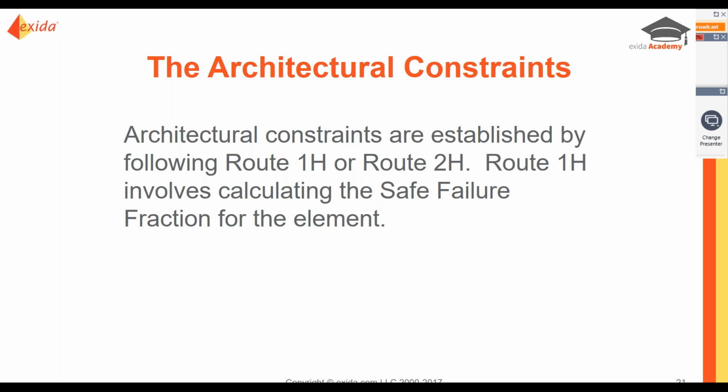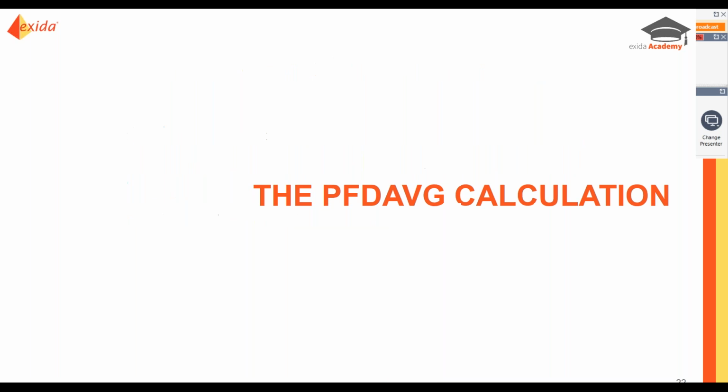Route 2H is proven in use, or the history of a product. So they need to say which direction they're following and make sure that they meet all of the requirements from that route for the device and for the entire SIF.